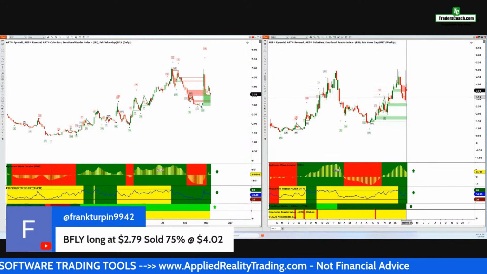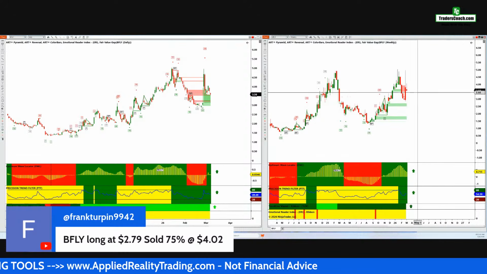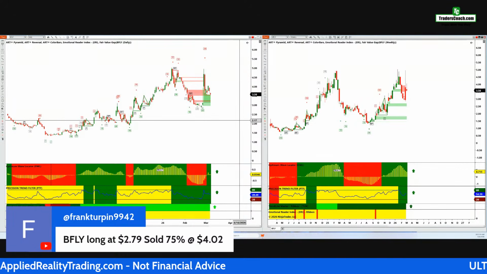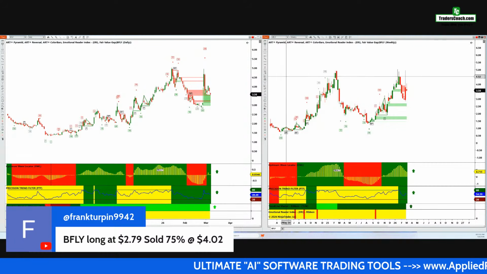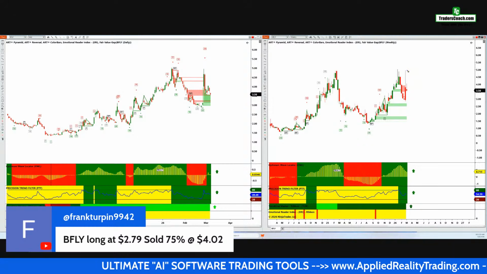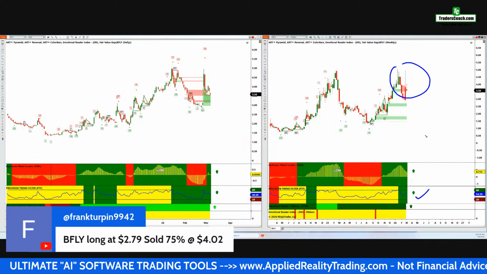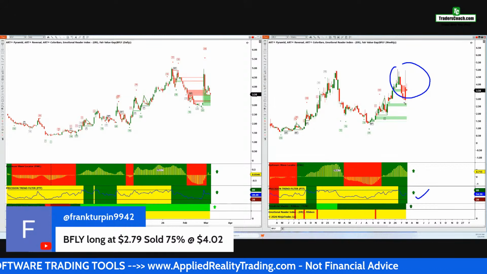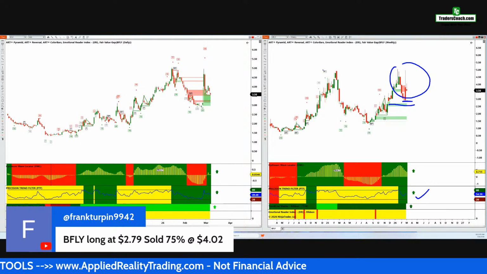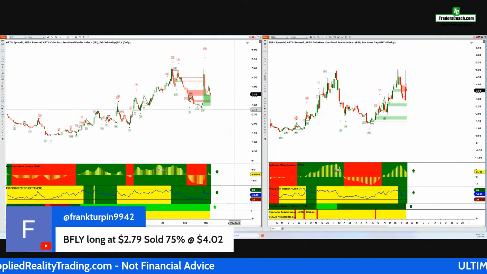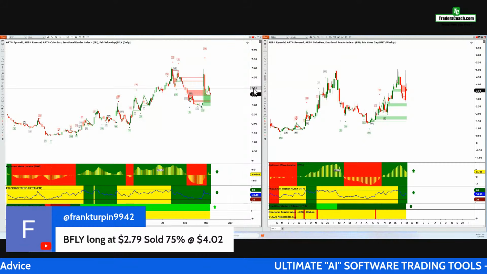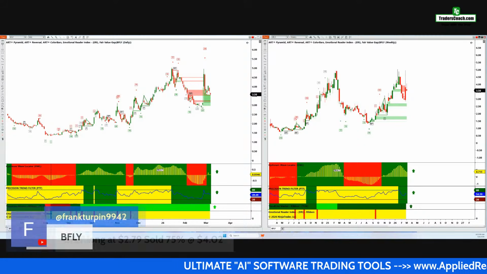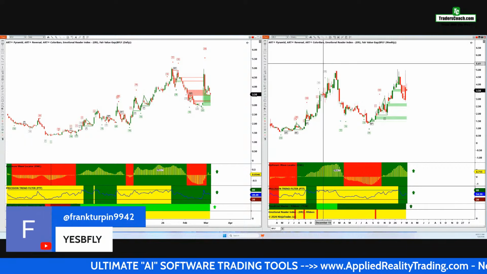But from here, you could get a situation where this fair value gap holds here. I just don't like that the weekly chart shows bearishness, even though this is bullish. We'll see. And so this one held here. So yeah, I think it's worth a hold with a stop below here. Yep. Okay. Got that one.